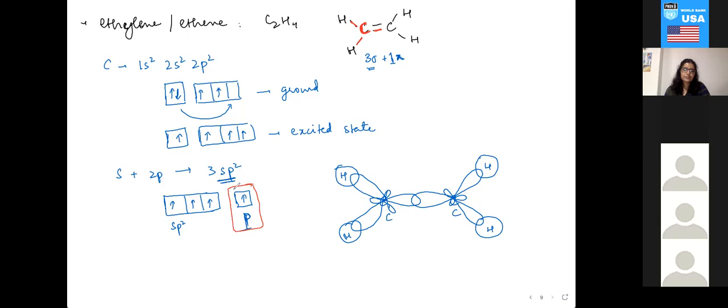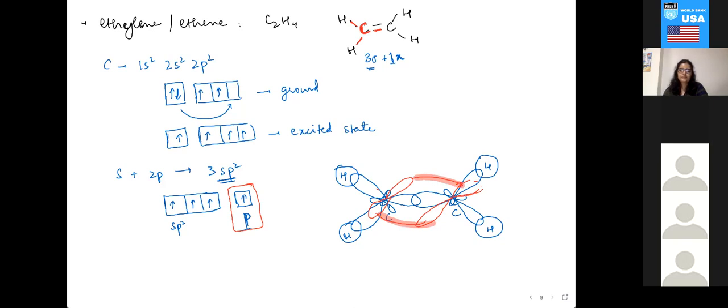Now the single p orbital that's there, put that in a different color. This p orbital is perpendicular to the plane, so it will be front and back. And that will form the pi overlap above and below this plane. This is like the pi overlap.